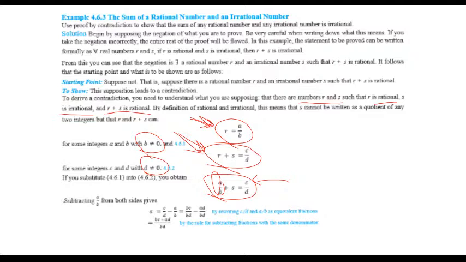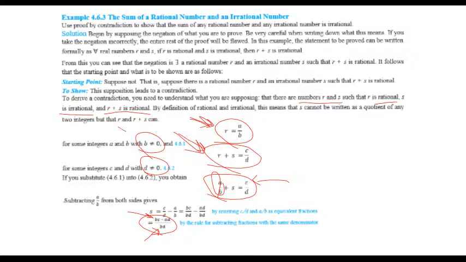You get S equal to (BC minus AD) divided by BD, right? Since A, B, C, and D are all integers, the numerator of this fraction is an integer, and the denominator, which is BD, is also an integer.